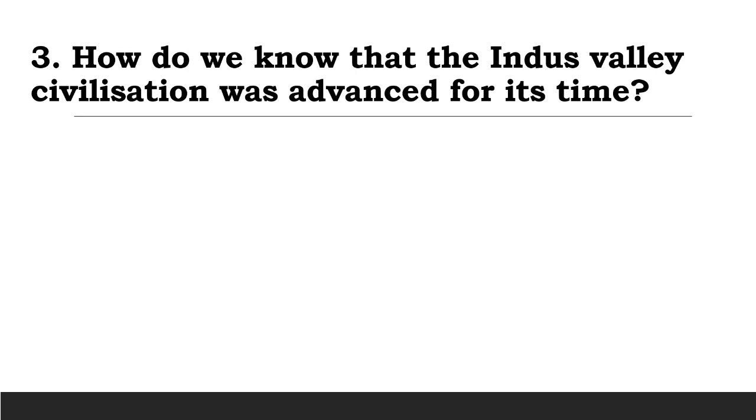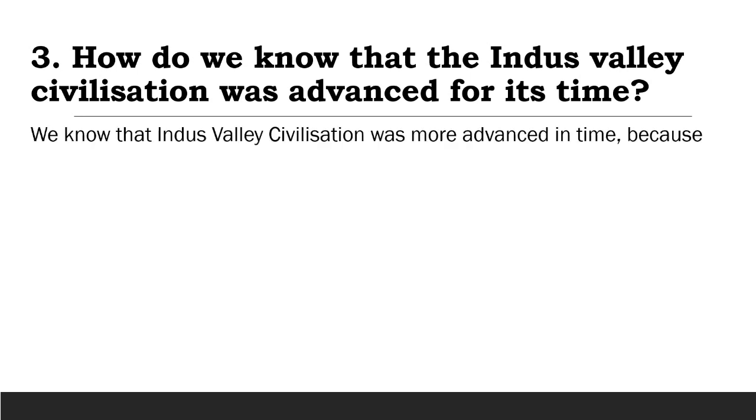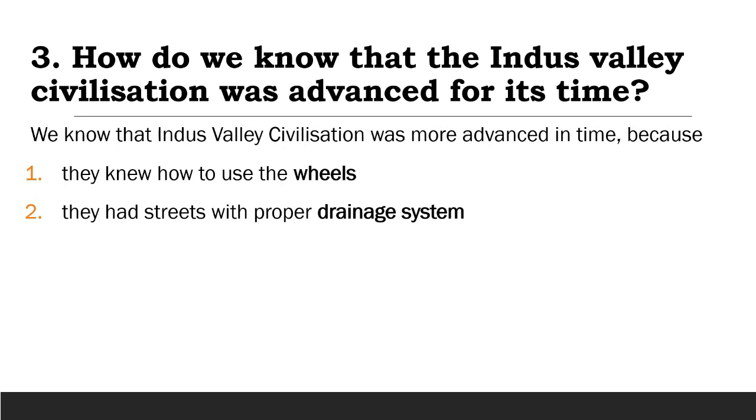Question number 3. How do we know that the Indus Valley civilization was advanced for its time? Yes, students. How can we say that the Indus Valley civilization was advanced for its time? Let's think about it. Yes, excellent. We know that the Indus Valley civilization was more advanced in time because they knew how to use the wheel.